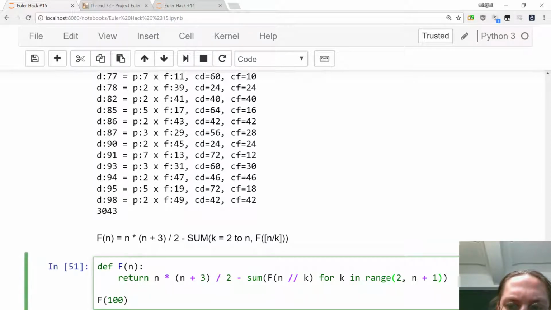I don't know. It's almost the same. Almost right.